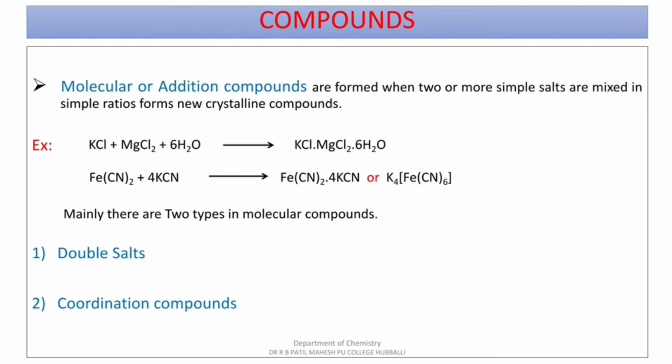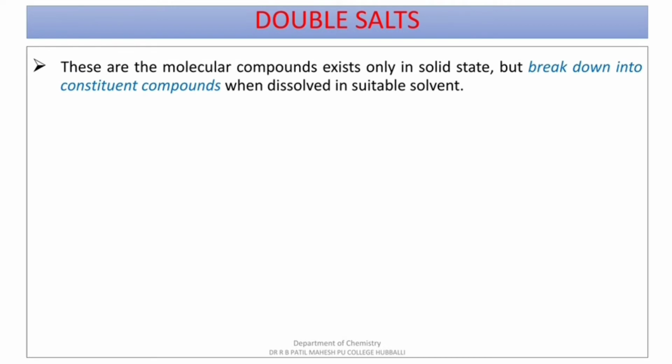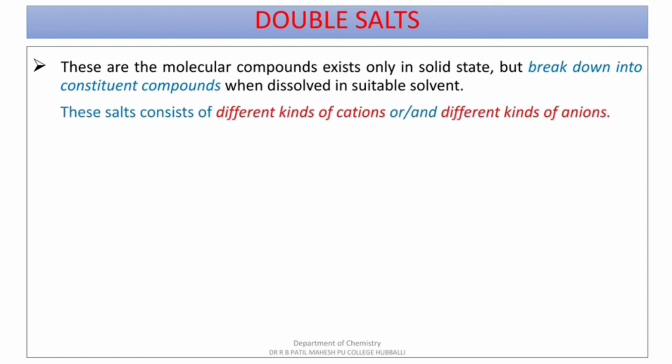Moving to double salts. These double salts are molecular compounds or addition compounds that exist only in solid state but break down into constituent compounds when dissolved in a suitable solvent. When double salts undergo complete ionization, there is a formation of either different kinds of cations or different kinds of anions.